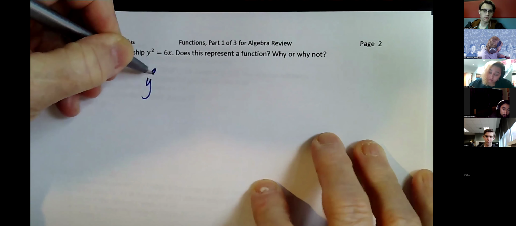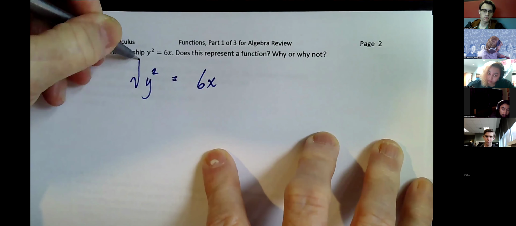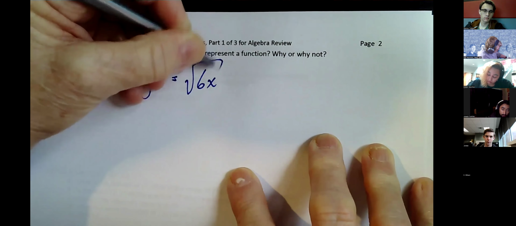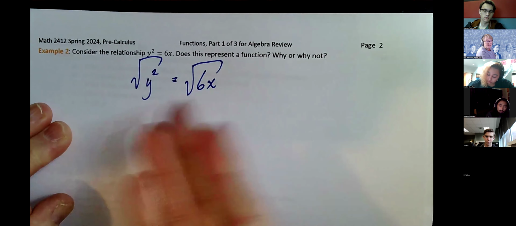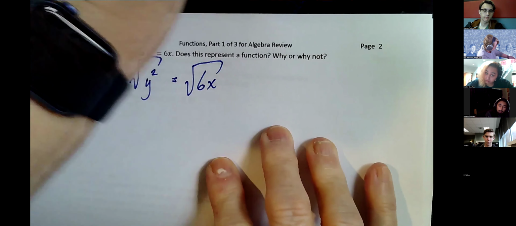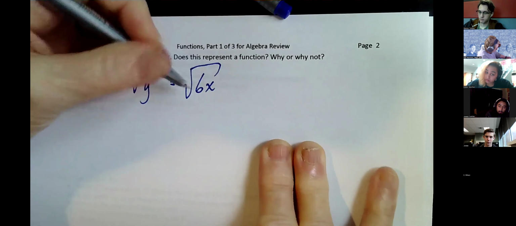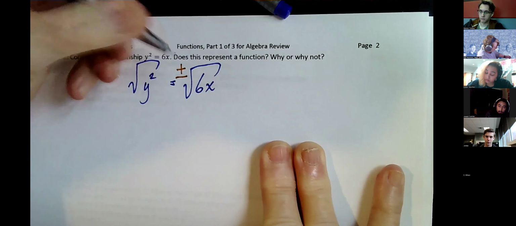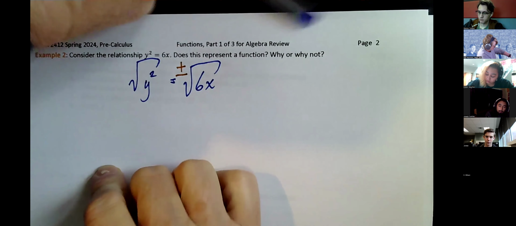So we've got y squared equals 6x. I want to take the square root of y squared so I get y, but that means I've got to take the square root of the other side. And anytime I take the square root of both sides of an equation, I have to put a plus or minus sign in front of one of the sides.